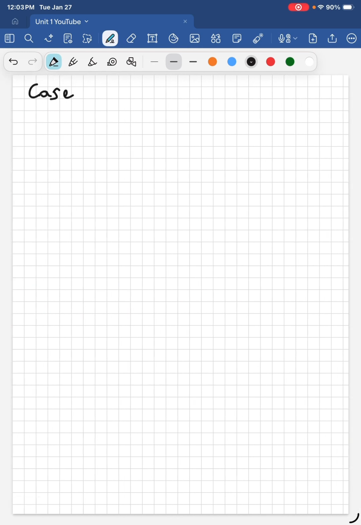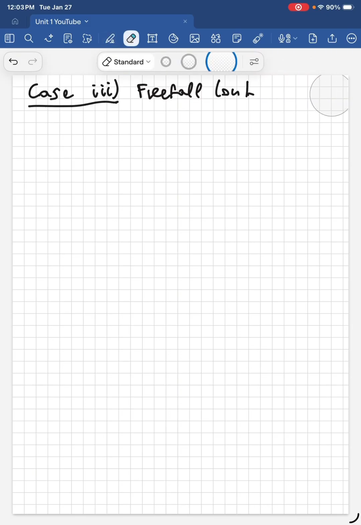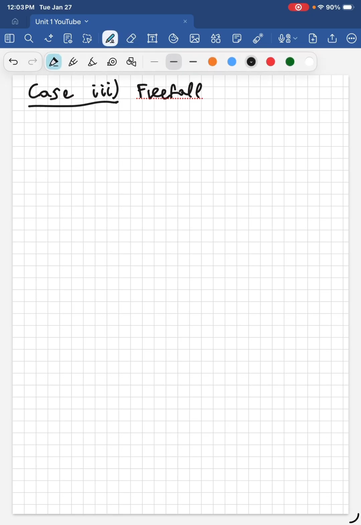Okay, let's go to case 3. So case 3, this is a free fall only downwards, to specify this, okay? Only downwards. My handwriting, I'm sorry. So only downwards.